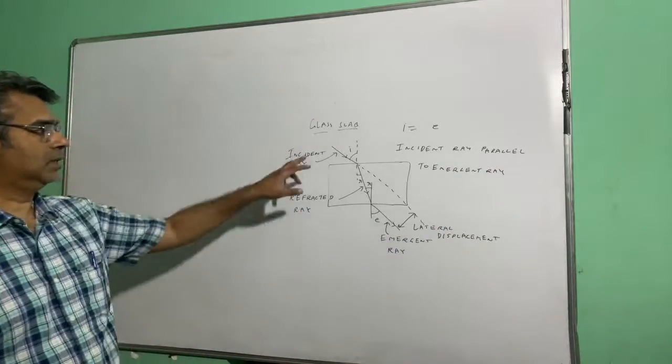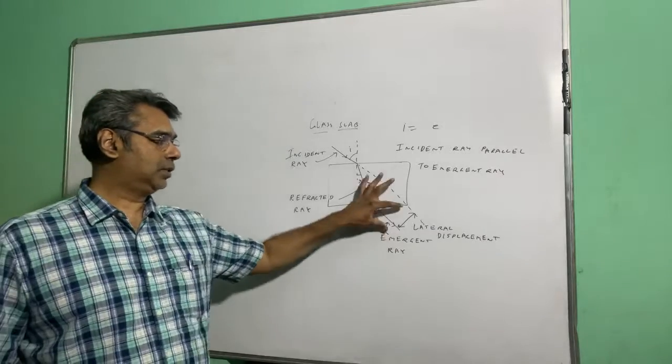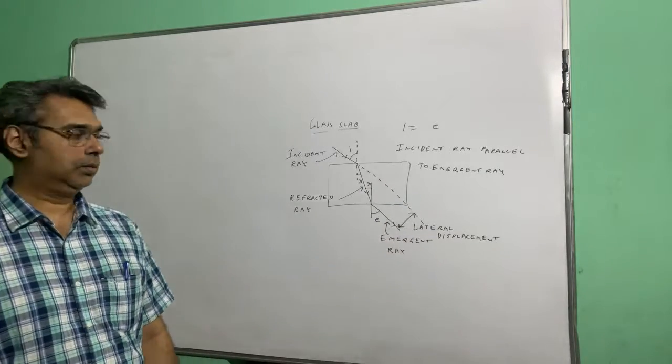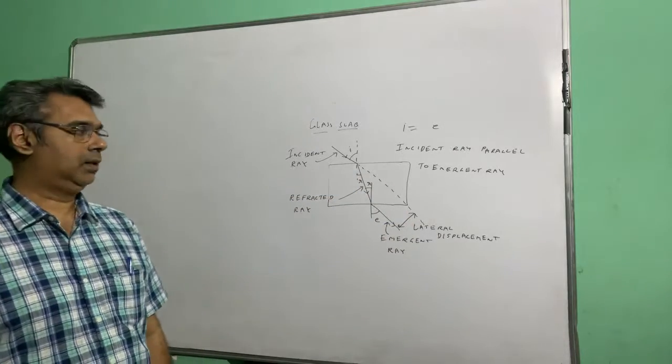So this is the incident ray, it will be parallel to the emergent ray, but there will be a shift between them. So the shift between the incident and emergent ray is called the lateral displacement.